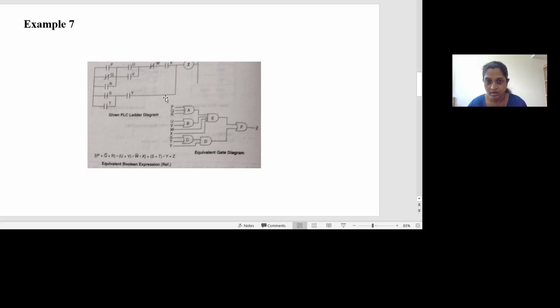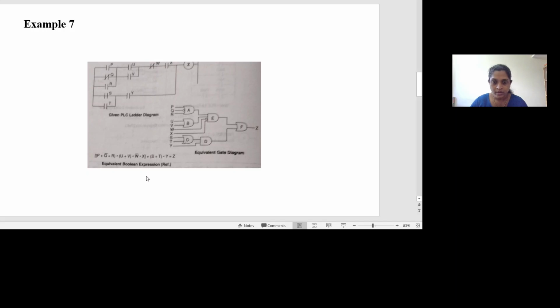Now you see here, to produce the output Z, we have the parallel of this first line and the second line. So parallel is replaced by OR. So I've taken an OR gate F. It has two inputs here, and this produces the final output Z.